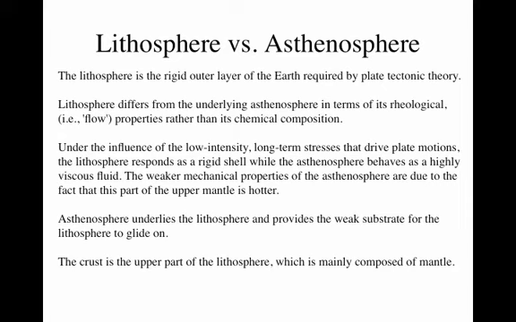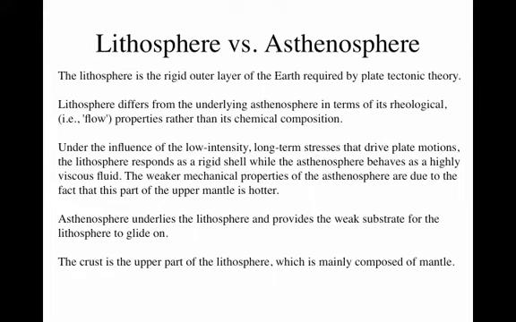Now, the lithosphere is the rigid outer layer of the Earth that's required for plate tectonics to work. It differs from the underlying asthenosphere in terms of its rheology, so its flow properties, rather than its chemical composition. Under the influence of the low intensity or long-term stresses that drive plate motions, the lithosphere responds as a rigid shell, while the asthenosphere is behaving as a very viscous fluid.